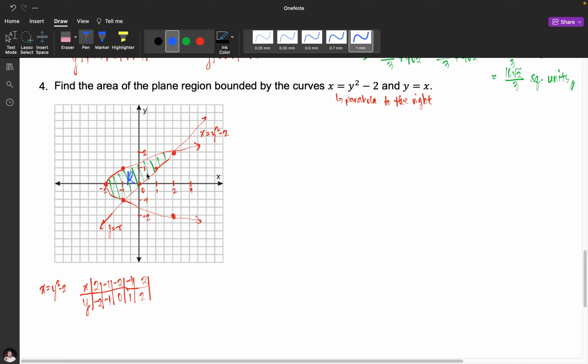Now, if we try to locate the leftmost and the rightmost value in x, it's easy to find, which is negative 2 here and 2 here. Okay? However, in identifying the upper function and the lower function, this is where we will have a problem. Because for the upper function, there's no problem. It's clearly visible, right? This curve here is your upper function.